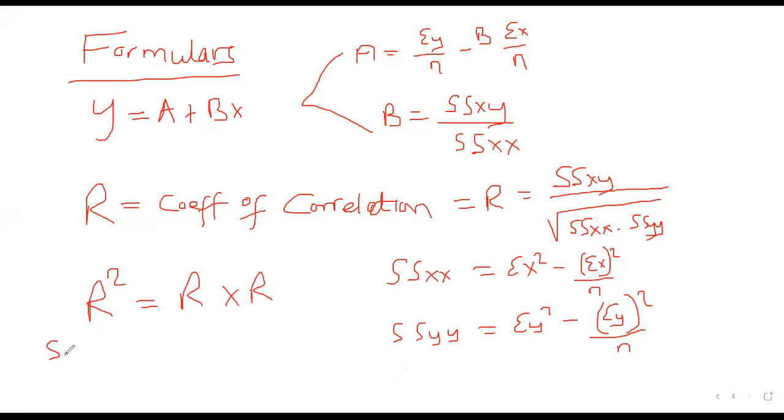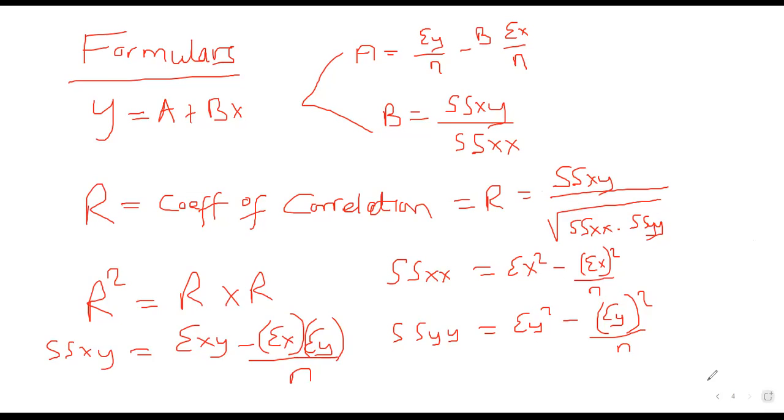And finally, summation of xy is summation of xy minus summation of x and summation of y over n. These formulas must be part of you. They're easy. Once you get these formulas, then you're good to go.